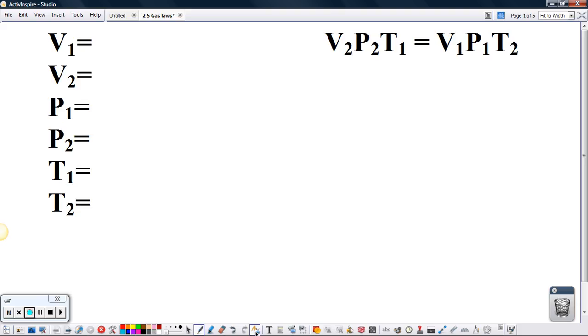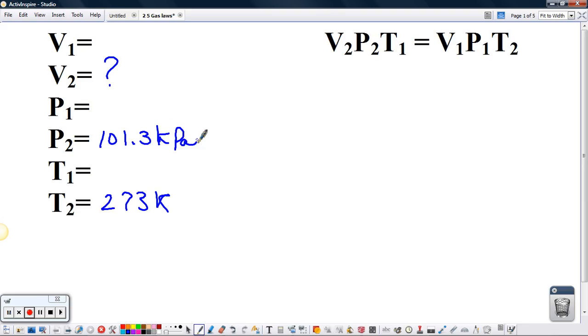Calculate the volume at STP. So my T2 is going to be 273 K, and my P2 is going to be 101.3 kPa.